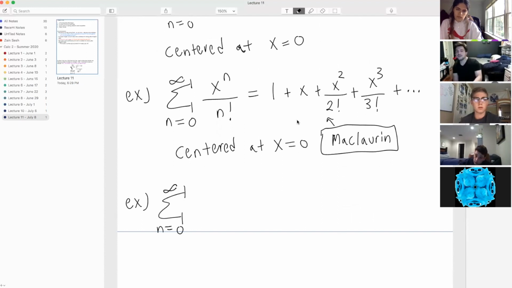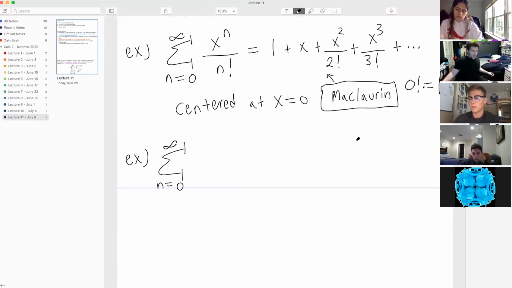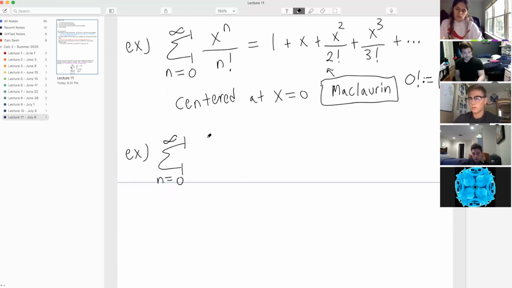Yeah, we define 0 factorial to be 1, to make things nice. That's pretty much by definition. There are other intuitive ways to justify that, but we just define it to be 1.